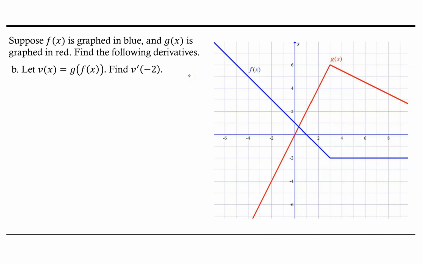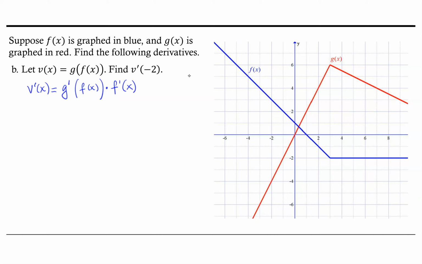For v of x, let's apply the chain rule to get our template. So v prime of x is going to be the derivative of the outer function, so g prime this time, leave the inner function alone, multiplied by the derivative of the inner function, which is f prime of x.